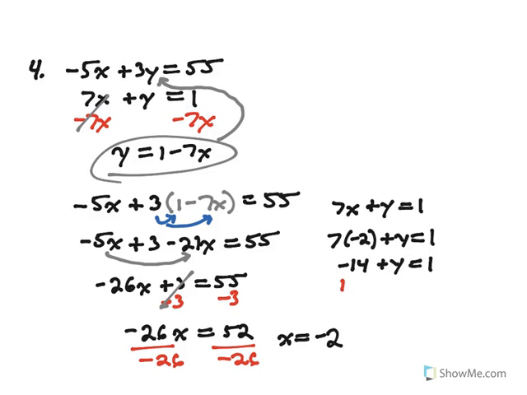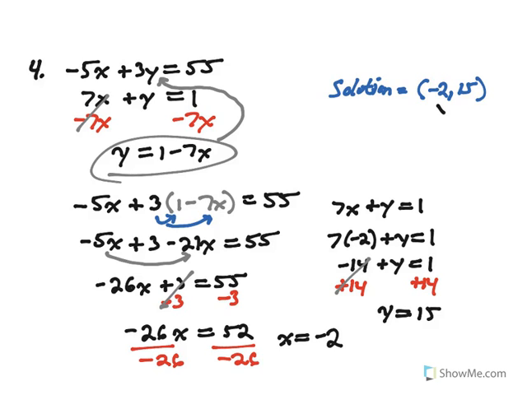And then if I add 14 to both sides, that cancels, and then you're going to get y equals 14 and 1 is 15. So that is my solution. Okay, so my solution is going to equal negative 2 comma 15. Okay, because this is my x and that's my y. All right, so there you have it right there.